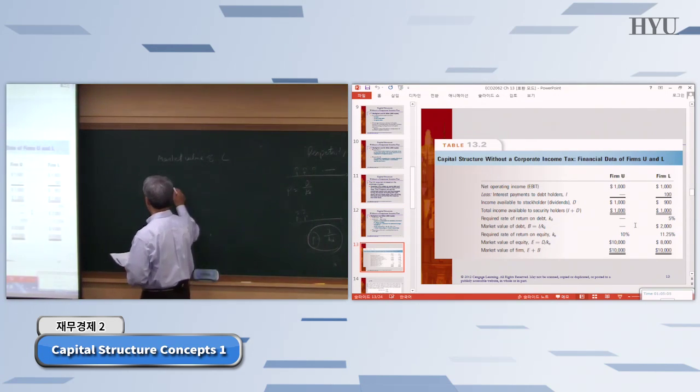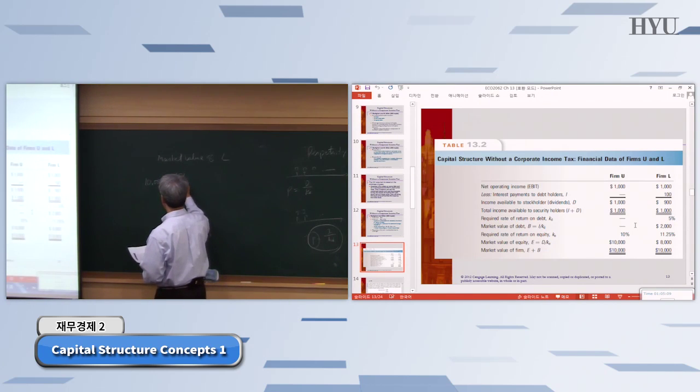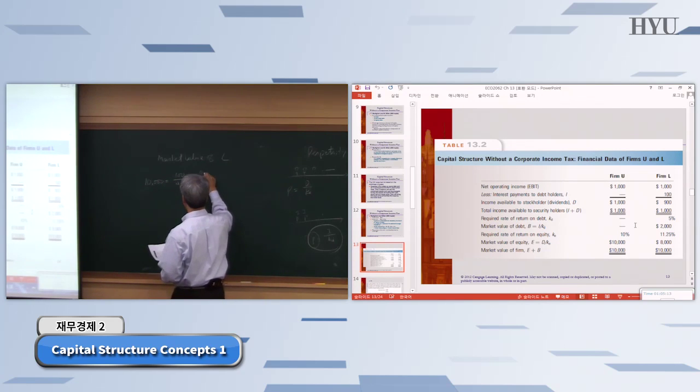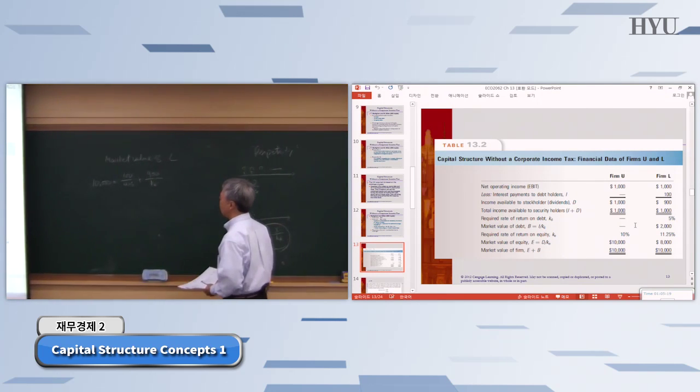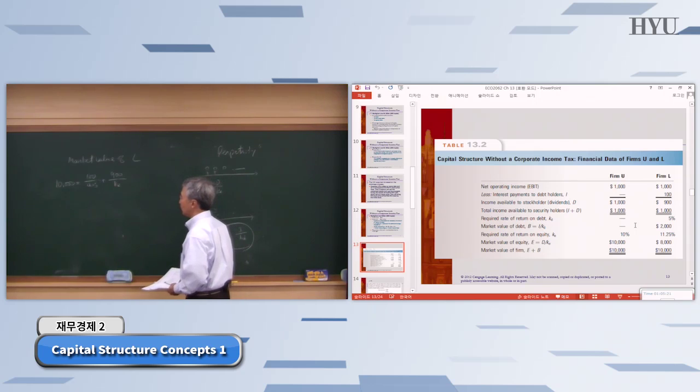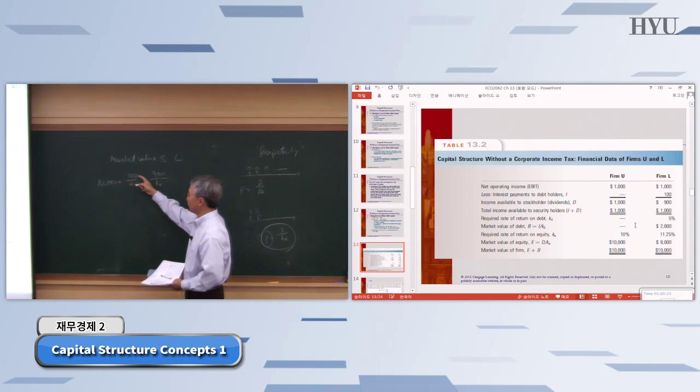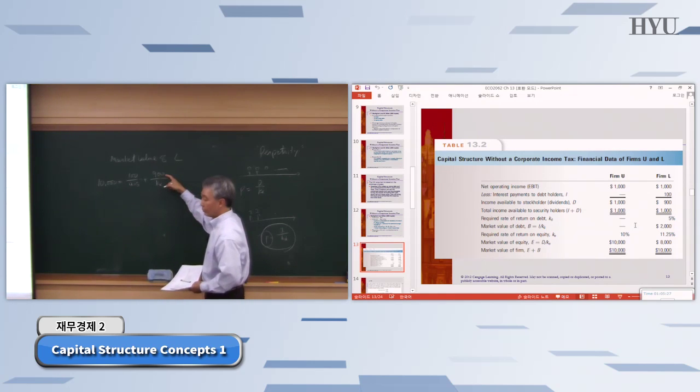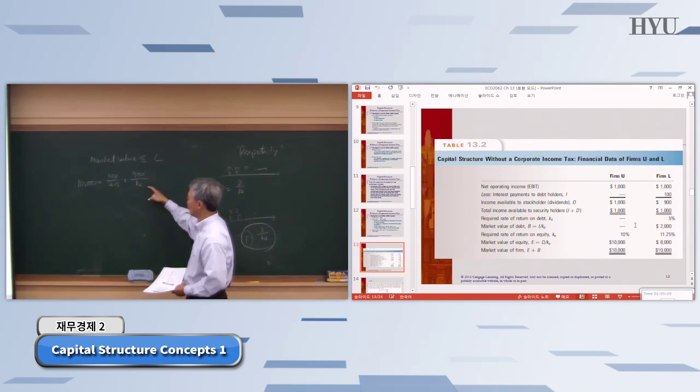It is 100 divided by 0.05 plus 900 divided by KE. So amount of interest payment divided by cost of debt, amount of equity divided by cost of equity.